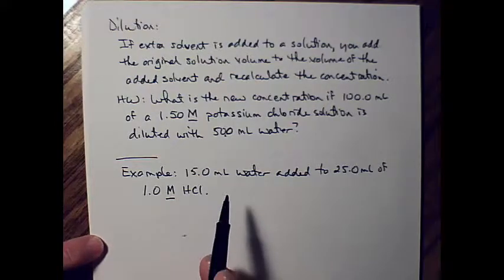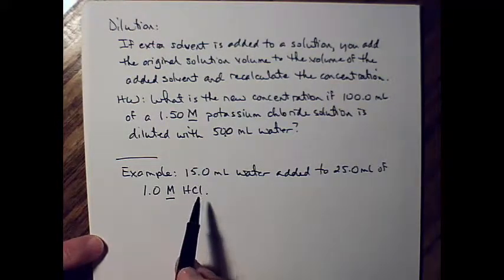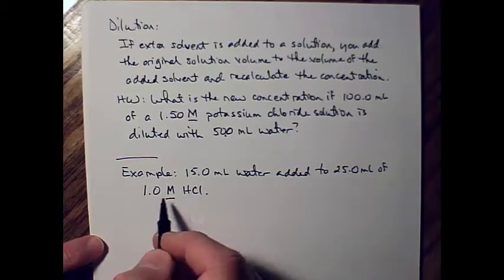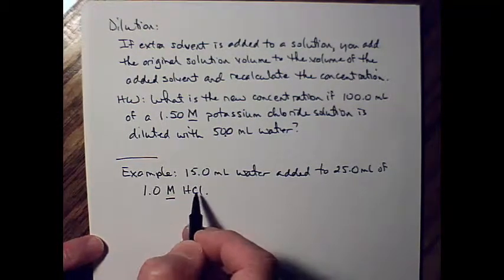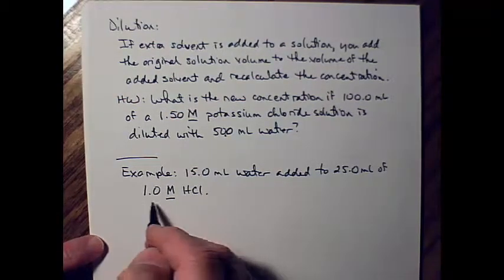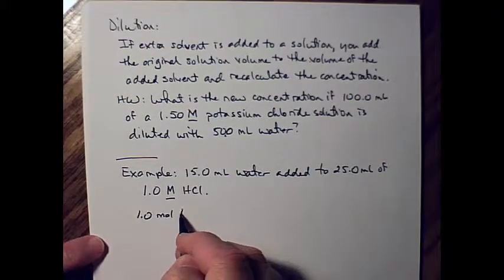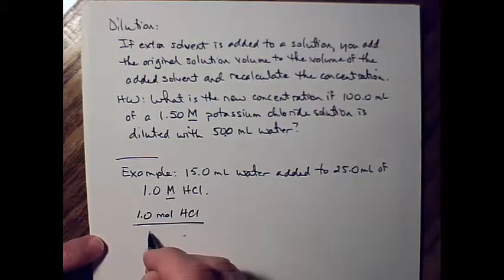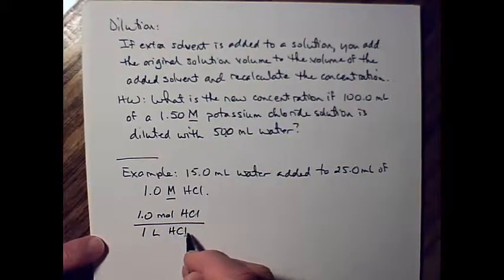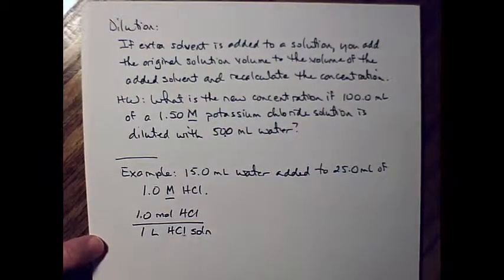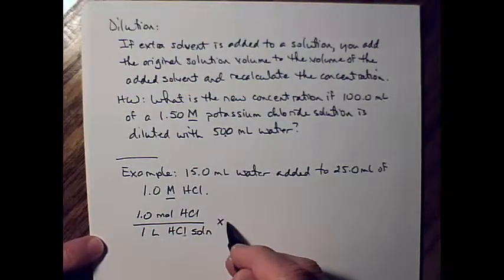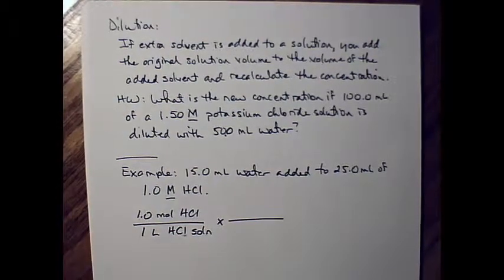To find the number of moles of HCl there are in 25 milliliters of a 1 molar solution, we take the molar concentration, the molarity, and split it out into its separate units. 1.0 moles of HCl in 1 liter of HCl solution. And if we multiply that by the volume in liters, we'll have just the moles.